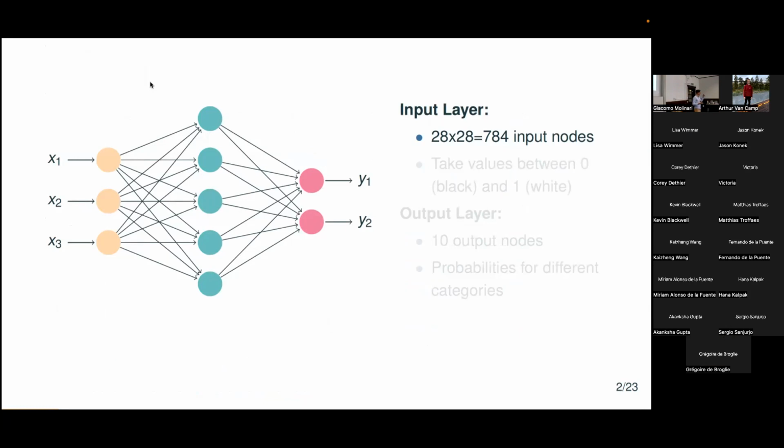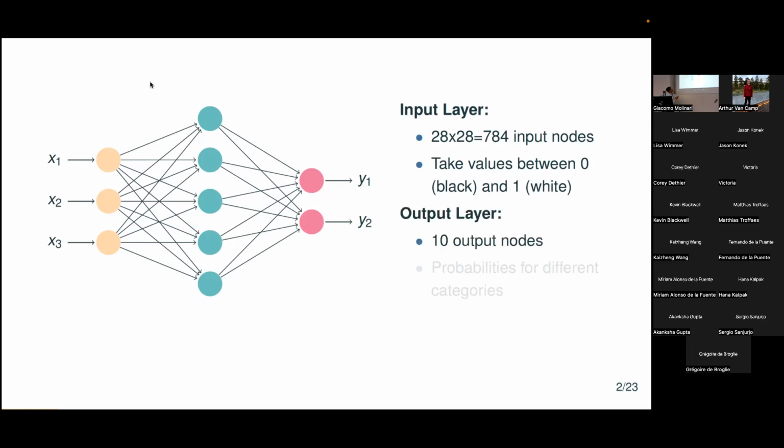So each of the nodes, when you give it a sample, will be a value between 0 and 1 telling you how dark that pixel is. And then there's going to be a hidden layer, and in principle, we would have 10 output nodes, 1 for each of the classification labels.